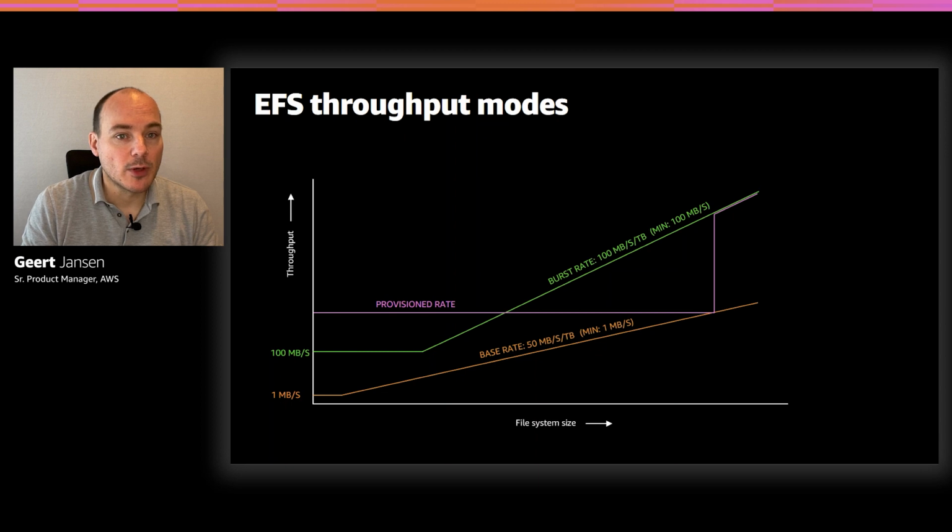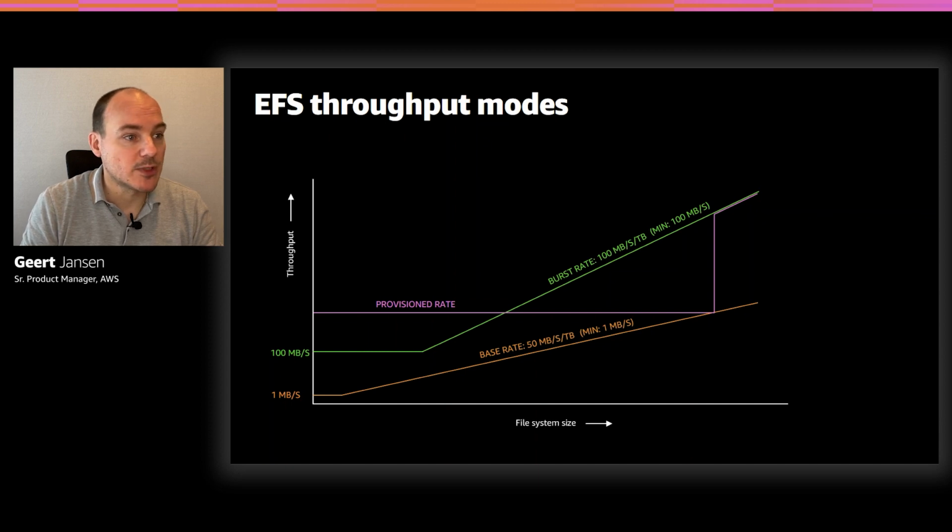Now, one interesting property of the provisioned throughput mode is that you only pay for the excess throughput over the base rate of your file system. So for example, say you have a 6 terabyte file system, it would mean that the base rate for that file system would be 300 megabytes per second, 6 times 50.